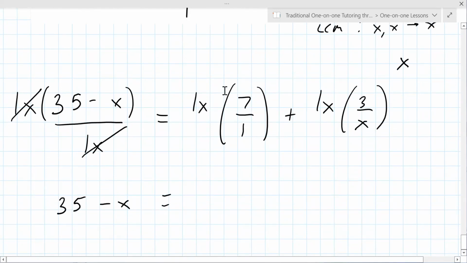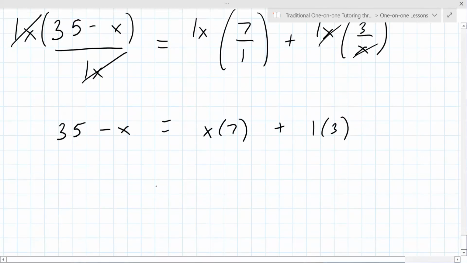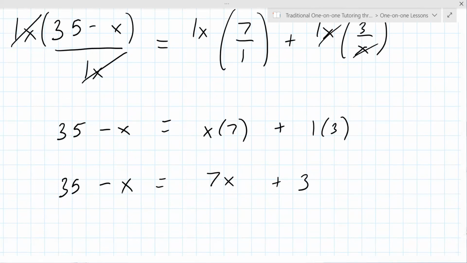So it's x times 7 plus the x's cancel here, 1 times 3. You can multiply them. You don't have to be as explicit as I'm being here. You can simplify as you go. But go ahead and solve this for me, please, and let me know your final answer.